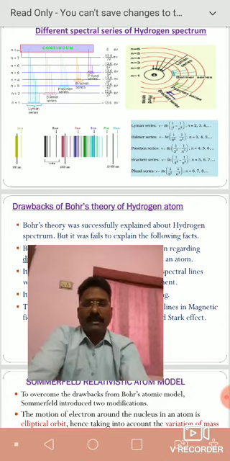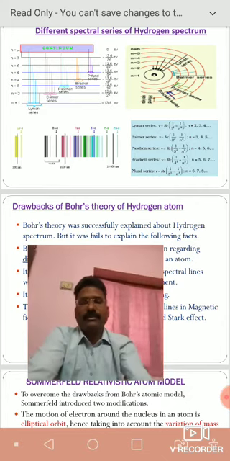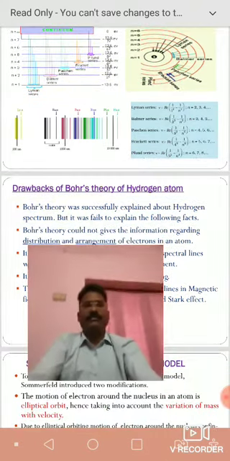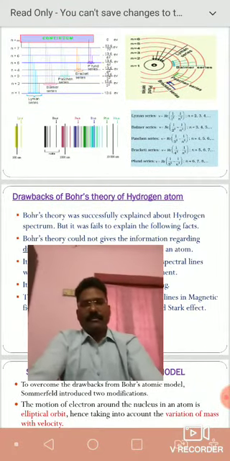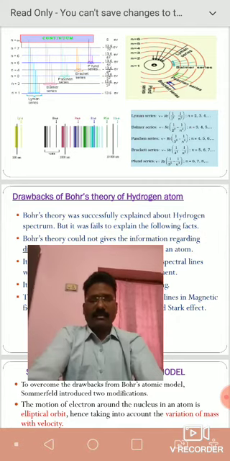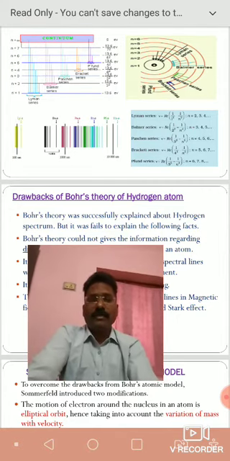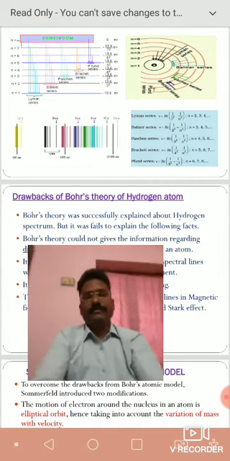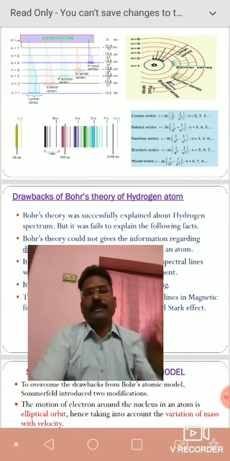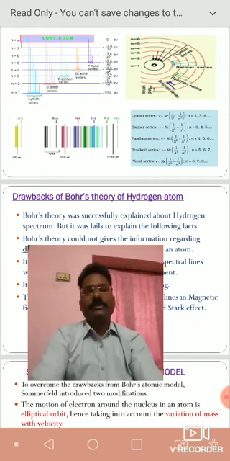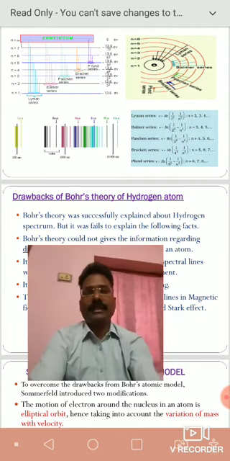Of course, n is equal to 6, 7, 8 to the lower energy level n is equal to 5, the series is called the Pfund series, which is in the far infrared region. Therefore, these are the different spectral series of the hydrogen spectrum obtained from Bohr's theory of the hydrogen atom.